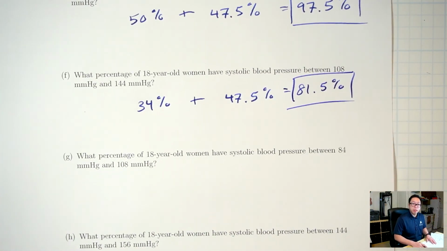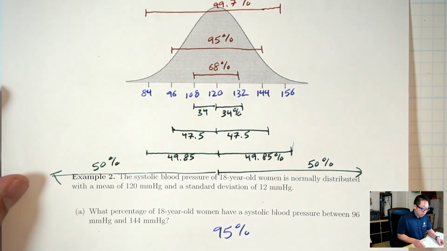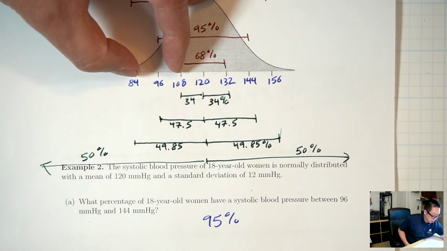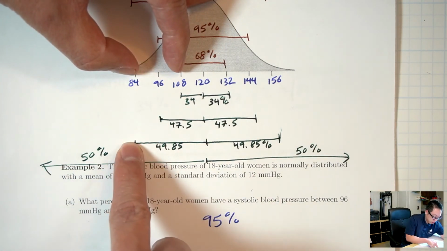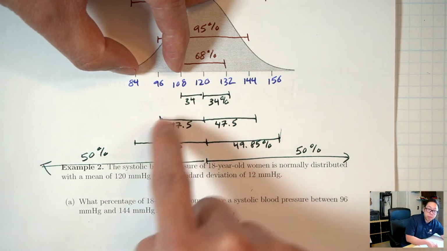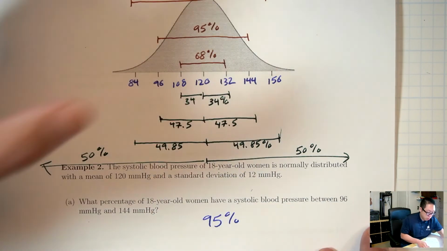Part G. What percentage of 18-year-old women have blood pressure between 84 and 108? Okay, 84, 108. My left side is on the 49.85. My right side is on the 34. So I know it involves a 49.85 and a 34. So let me write those down.